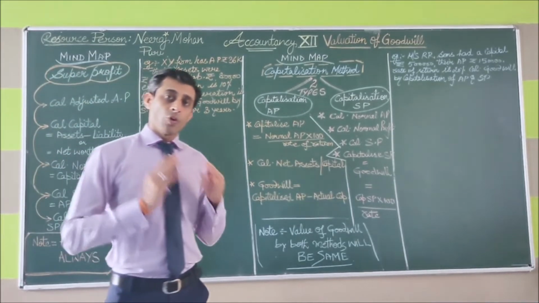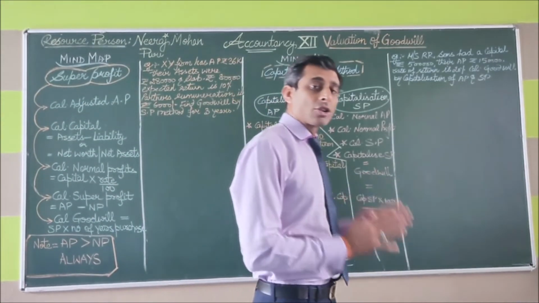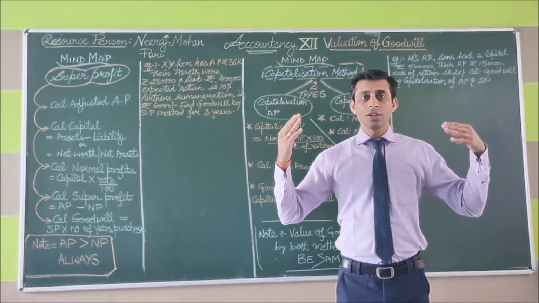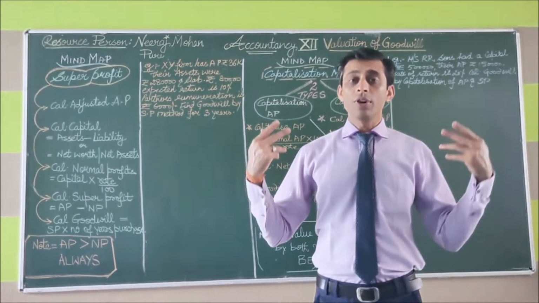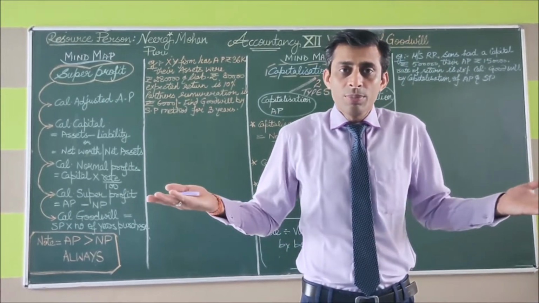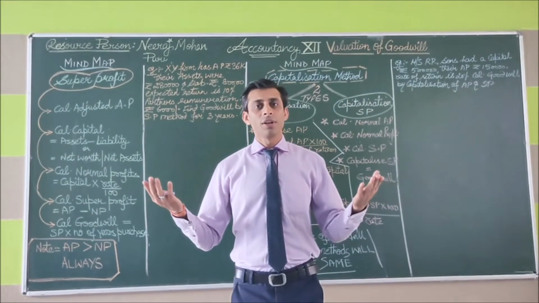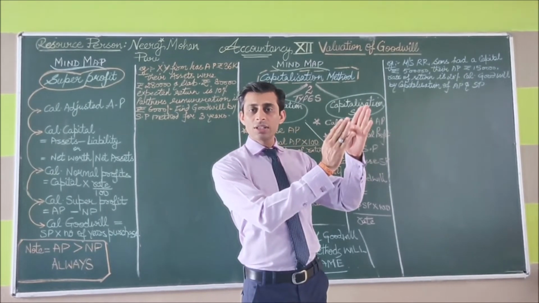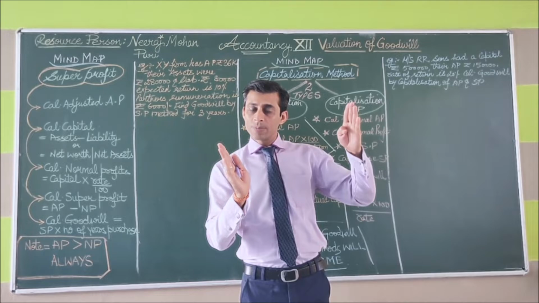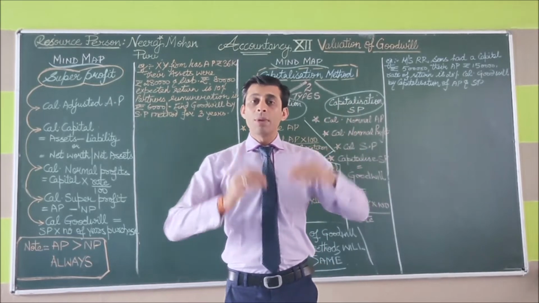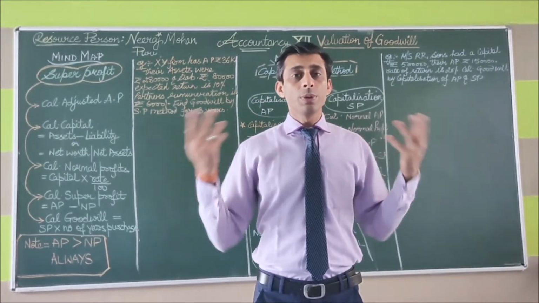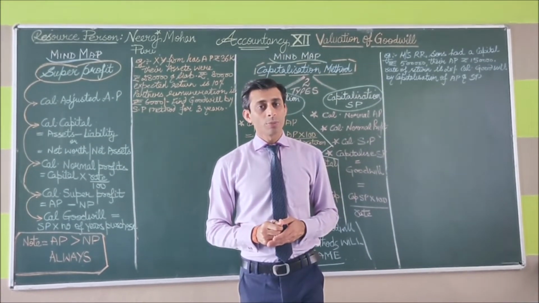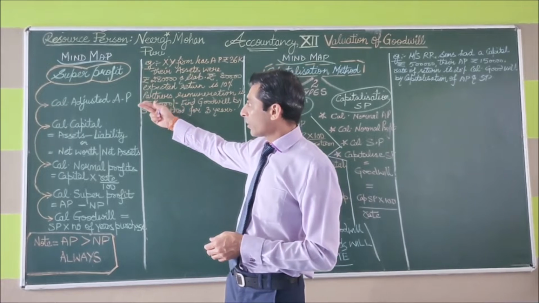When the result is declared, that child actually scores 90% marks, so what would be his level of satisfaction? Simple, he would be very happy because expectations were 85 but actual is 90, so the difference of 5% makes him super happy, super good. So this is what we have to discuss under super profit method. Let's go by the flow chart.